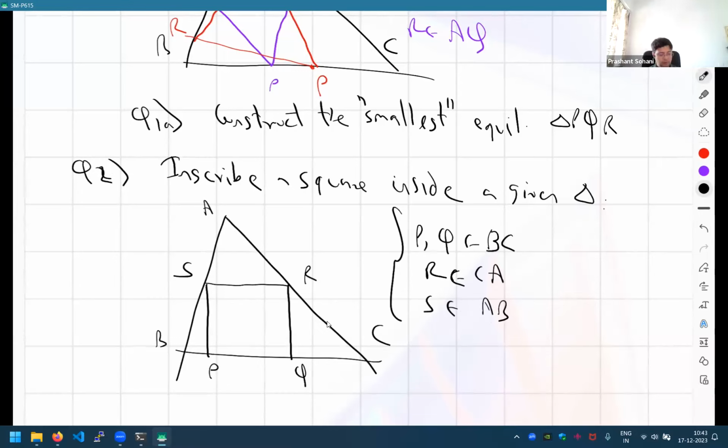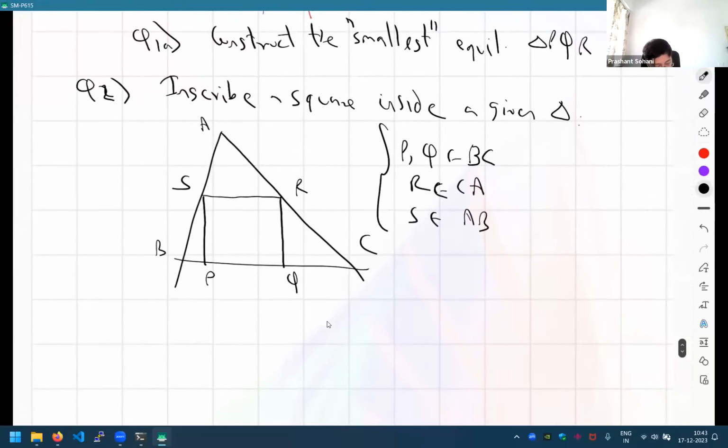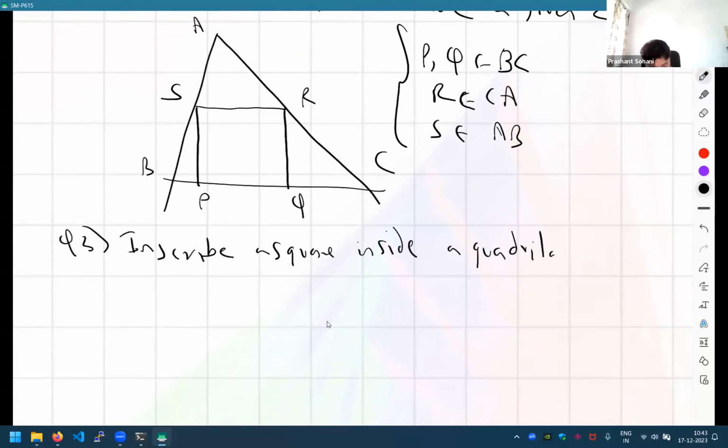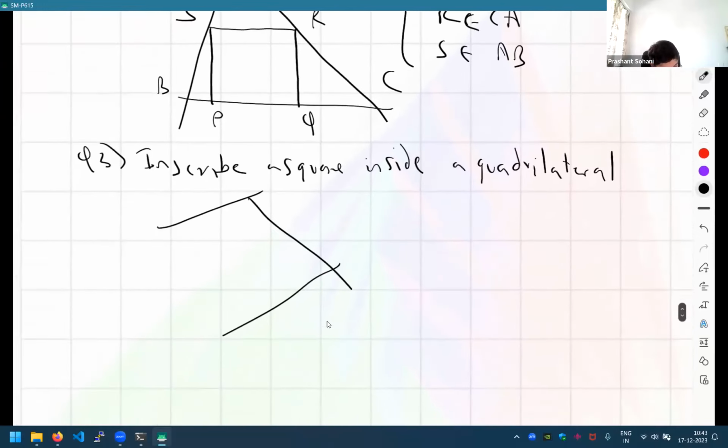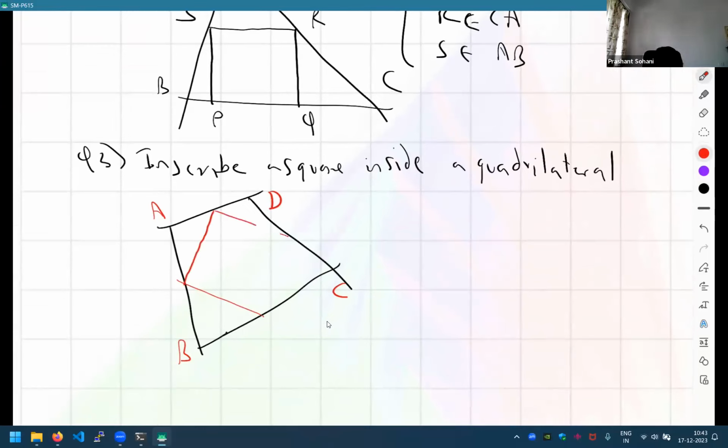Or you may think that if I'm taking a square, why would I put it inside a triangle? Inside a quadrilateral. So I'll take any quadrilateral and now my demand is that, if I call this quadrilateral ABCD, I want a square PQRS like this.